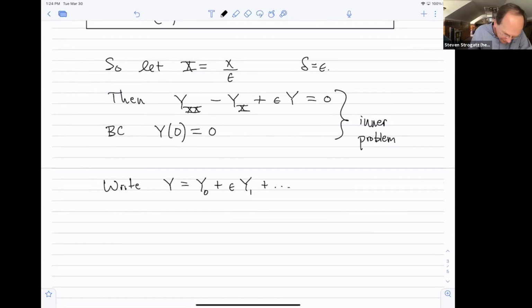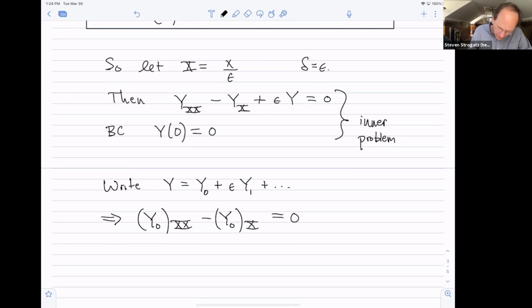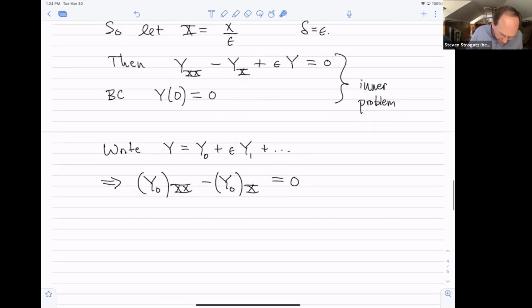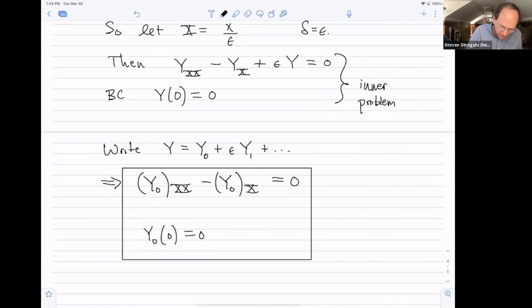And plugging that in, you get at lowest order that Y0 sub XX minus Y0 sub X is 0. Not surprisingly, if you just look at this equation, that's the equation you get when epsilon is 0. And the boundary condition on the lowest order term is Y0 of 0 is 0.